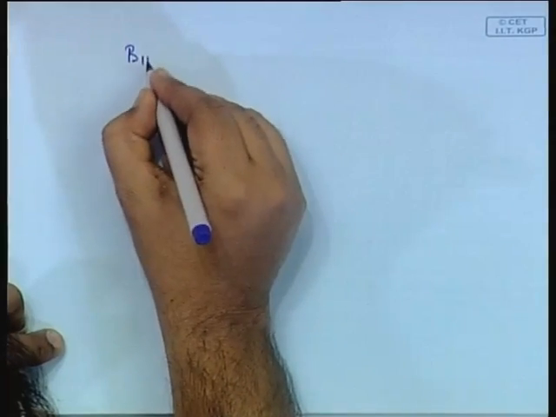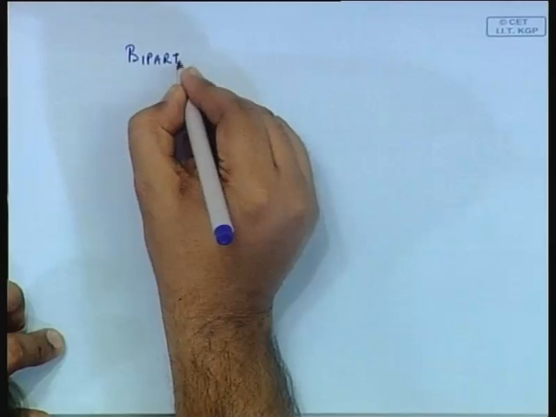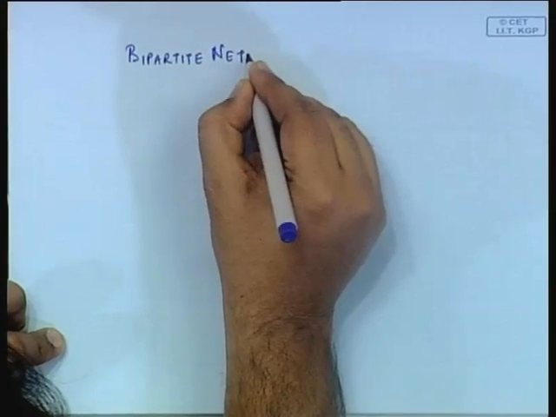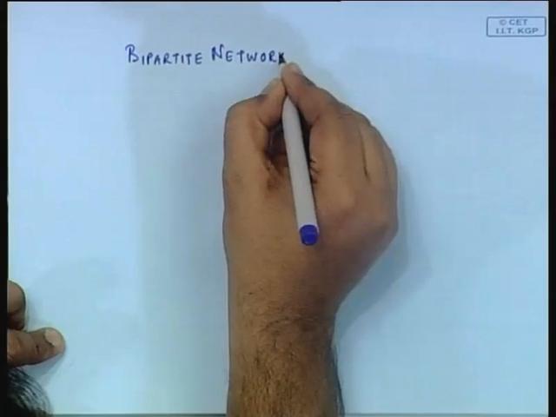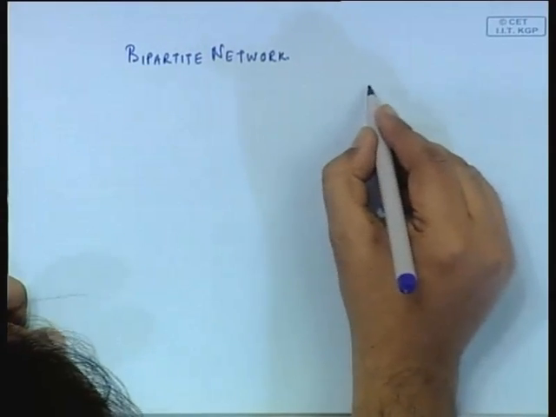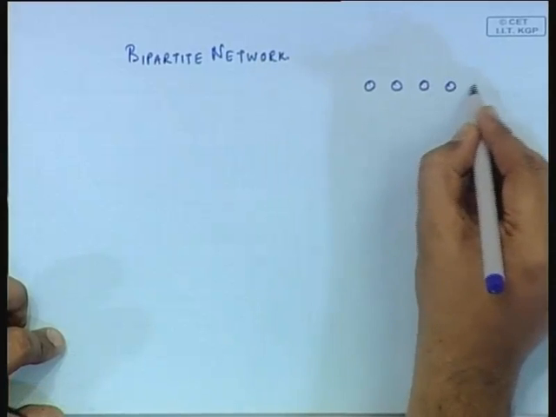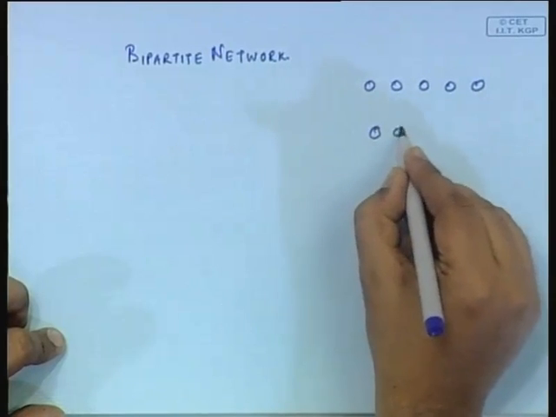Okay. Now, we go to bipartite network. So, we know bipartite network. There are two sets of nodes.